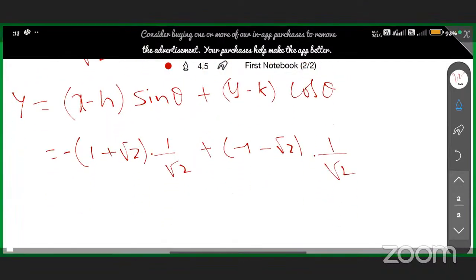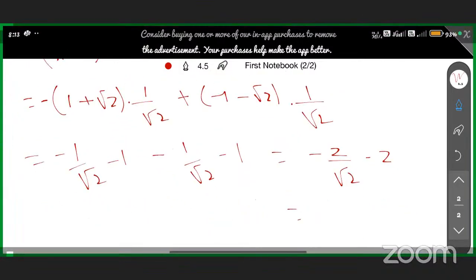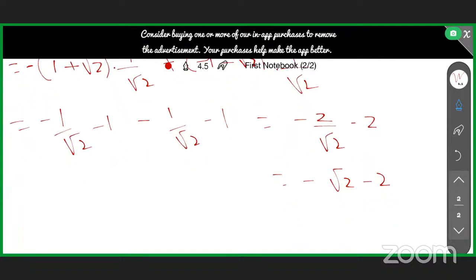Simplify this: minus 1 by root 2 minus 1 minus 1 by root 2 minus 1, which is equal to minus root 2 minus 2. So my x value is equal to 0, and my y value is equal to minus root 2 minus 2.